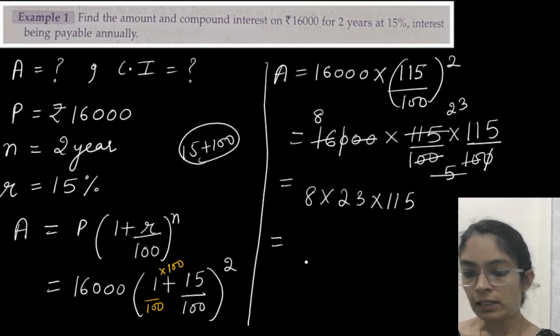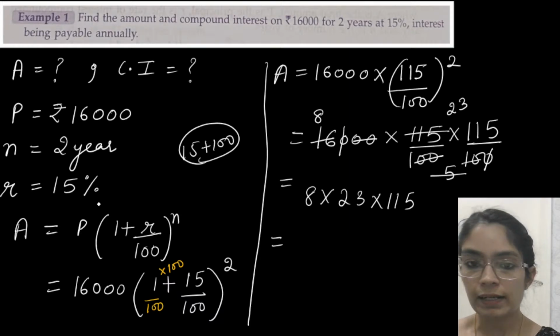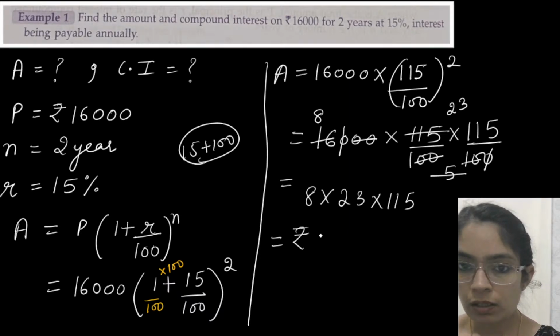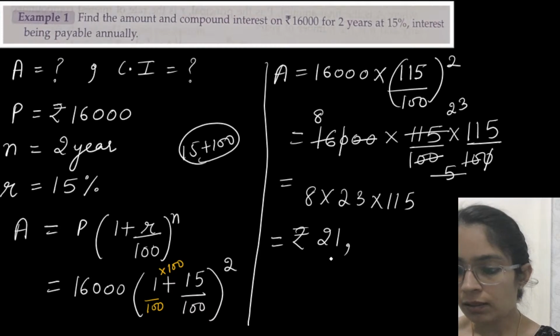So what is the value? Amount, how much are you getting after multiplying? I hope you people are not using calculators. 21,160, is it the correct answer? 21,160.